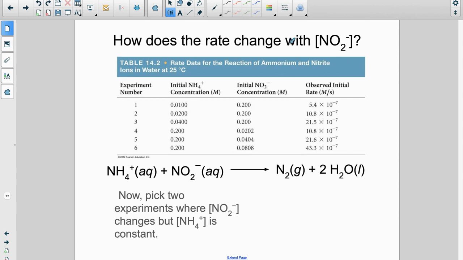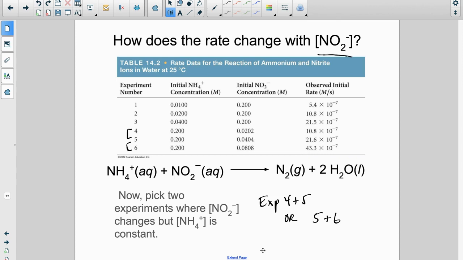Now let's figure out how the rate changes with NO2 minus. Here we've got to pick 2 experiments where NO2 minus changes, but NH4 plus is constant. There are actually 2 places where we can do this. We could look at experiments 4 and 5, or experiments 5 and 6.